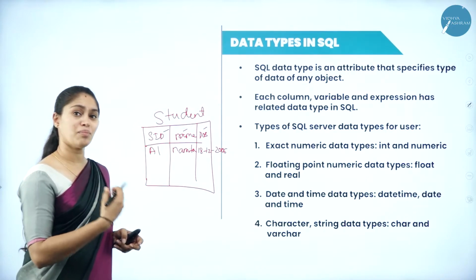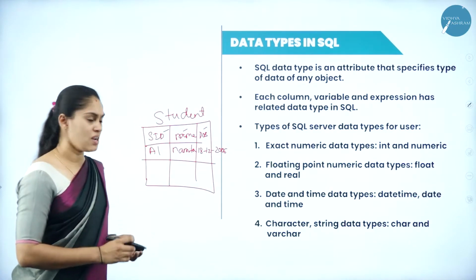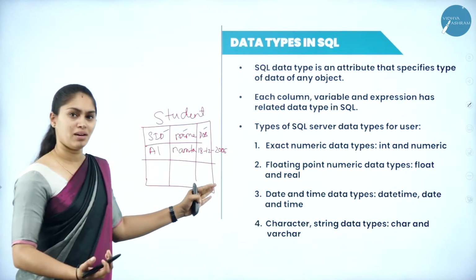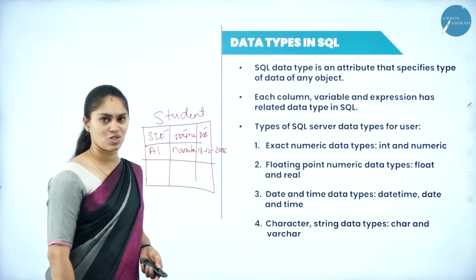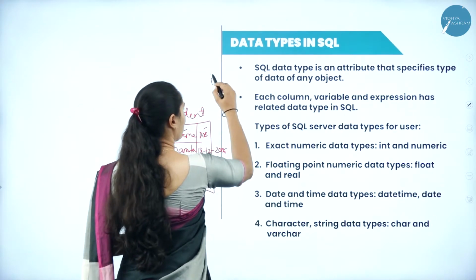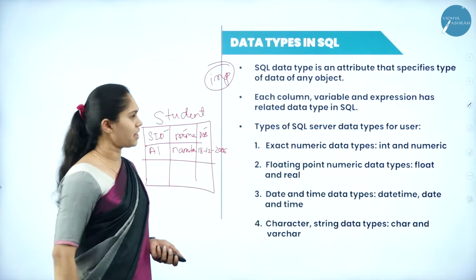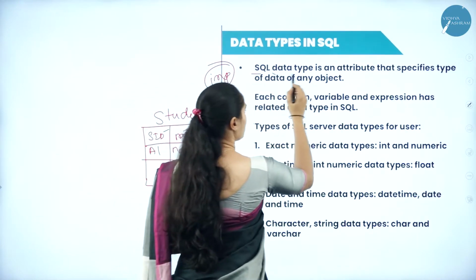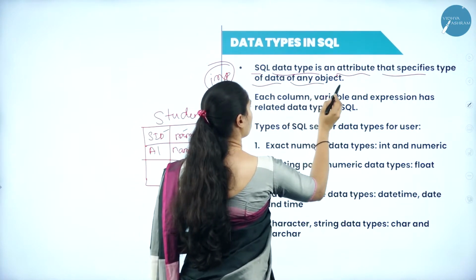That means the type of data we are storing in a table or a relation for a particular column will be termed as data type. Then what are the kinds of data types that we have in SQL? This is also an important question: mention the types of data types in SQL. This SQL data type is an attribute that specifies the type of data of any object.